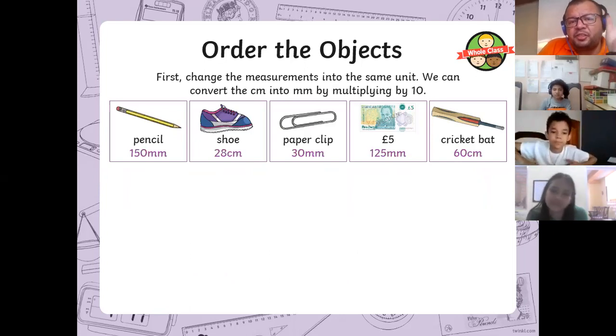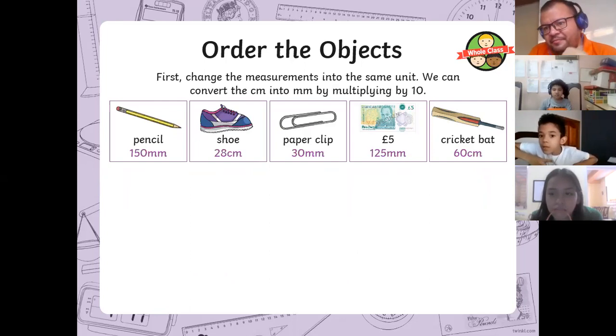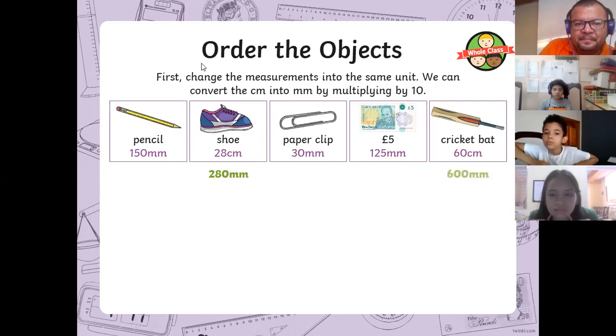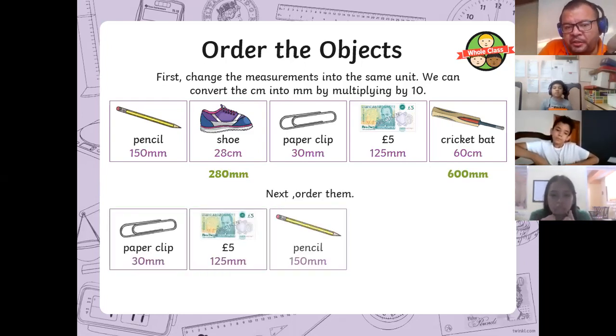First you have to change the measurements into the same unit. As I told you, my shoe is 280 millimeters and my cricket bat is 600 millimeters. So we have to order them.